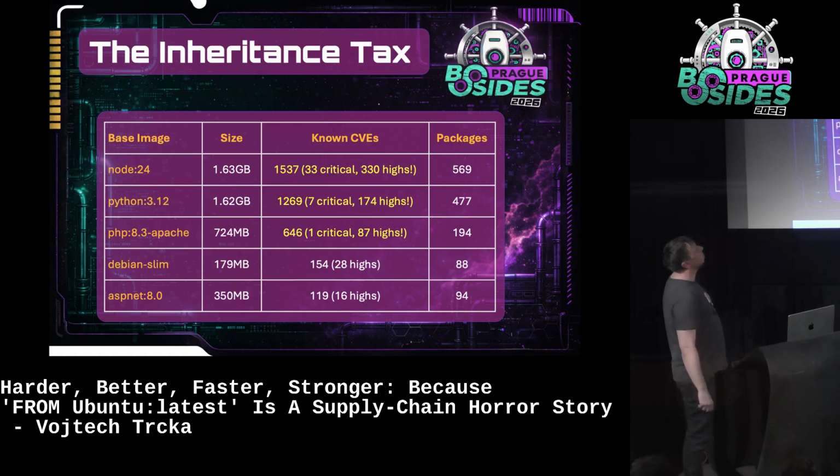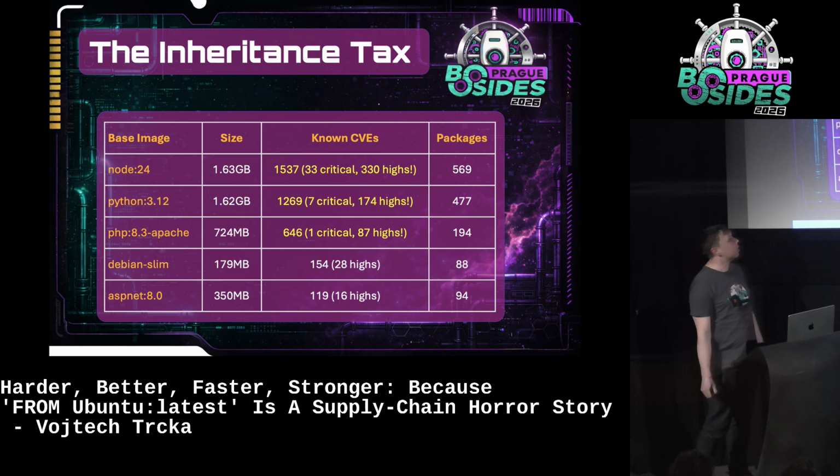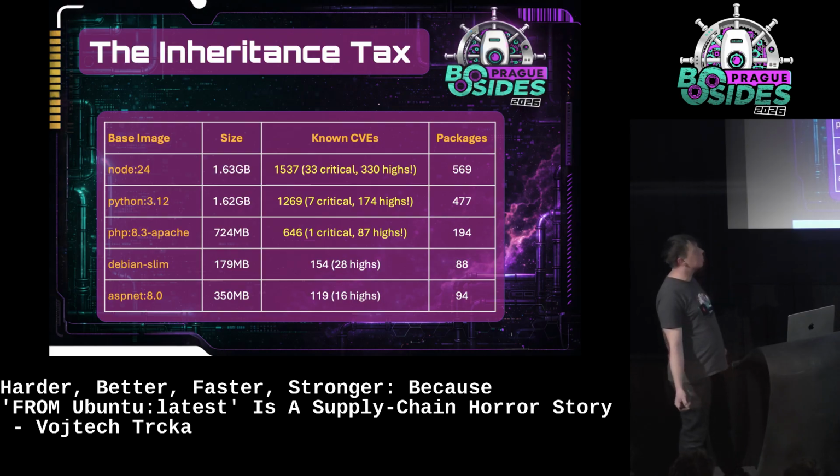Node 24: 1.6 gigs, 33 criticals. Worst one, Python 3.12: 5.6 gigs, 7 criticals. PHP with Apache: 724 megs, 1 critical.